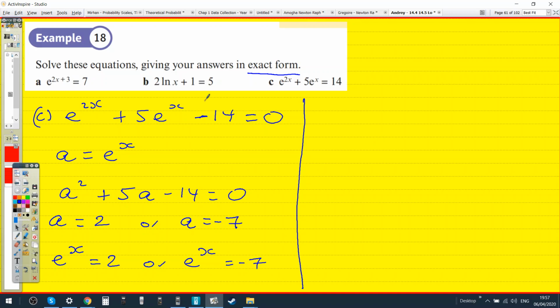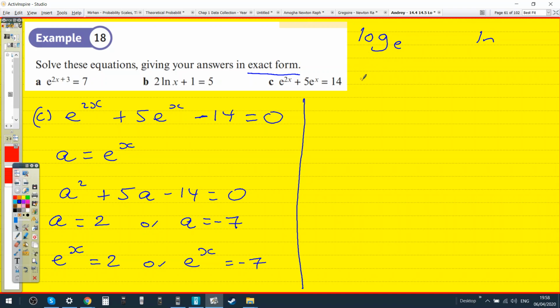So that would give us an approximate answer if we did that. There is a way to get an exact answer, and it's to use log to base e. Do you remember the special name for log to base e? Ln. Yeah.